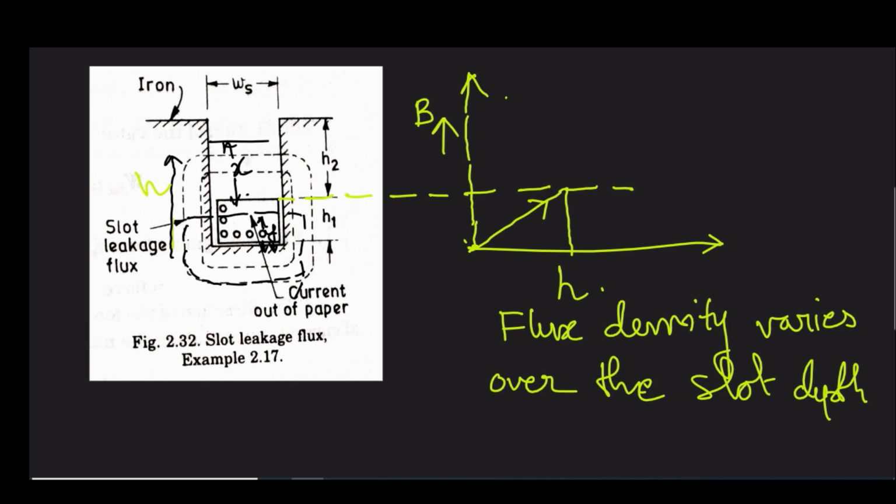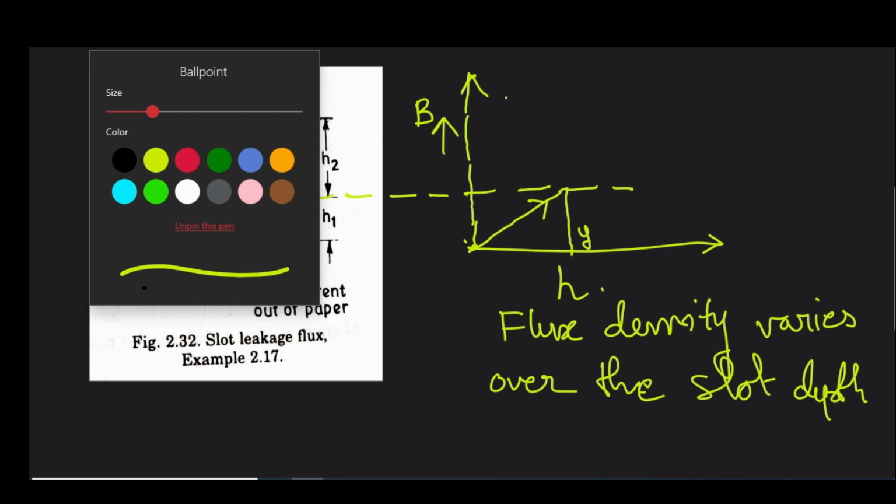Why? Because if gradually, when your h is 0, that means you are not enclosing any current carrying conductor. Now as you move on in this upward direction, let me show you.